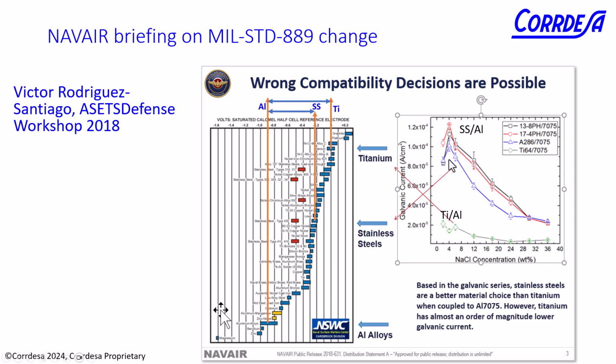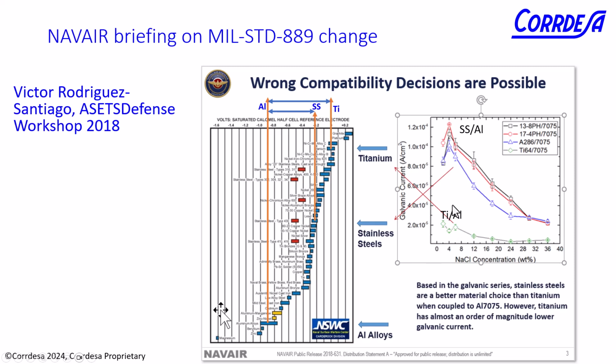But over here on a curve from experiments, you could see various couples put together: titanium and aluminum, and stainless steel and aluminum, several different kinds of stainless steels. And you can see on the vertical axis the galvanic corrosion current, which is proportional to the galvanic corrosion rate.